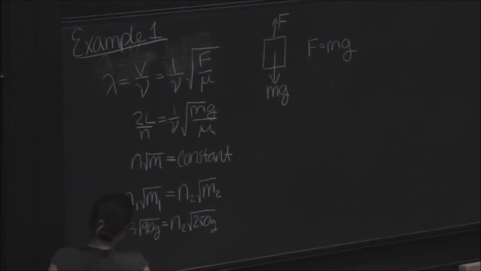They both have a factor of square root of 10. Yes, it's 5, not 3, thank you. So 5 times 3 equals N times 5. It looks like there's going to be 3 antinodes.